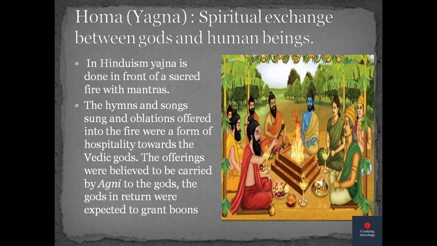In Hinduism, suppose any planet is debilitated in your birth chart, Planet Sun is debilitated, Planet Jupiter is debilitated, or any planet. So the only remedy is to perform the Mahamrityunjaya Japa. Mahamrityunjaya is a mantra which is associated with Lord Shiva, the god of destruction.